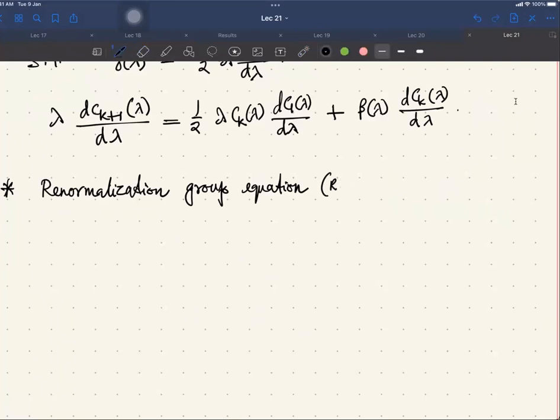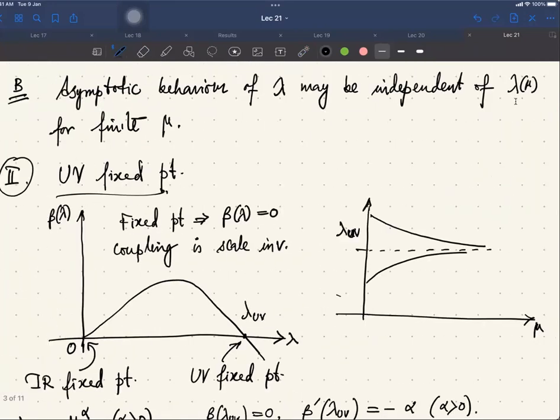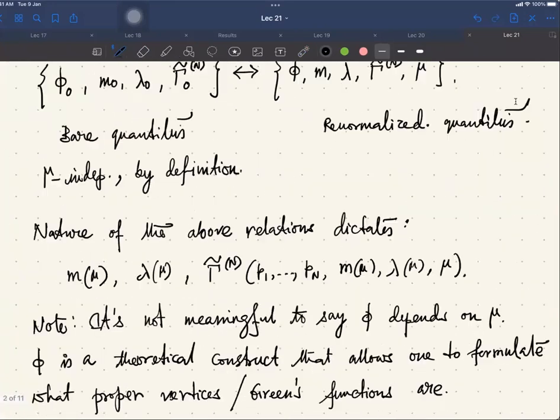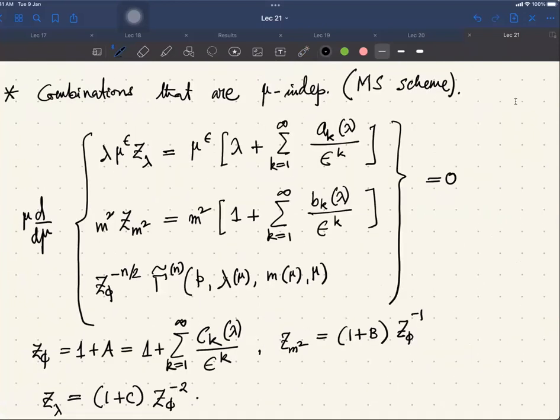It has historically been called the renormalization group equation for gamma tilde n, and we are considering the MS-bar scheme. So what we use is this third equation.